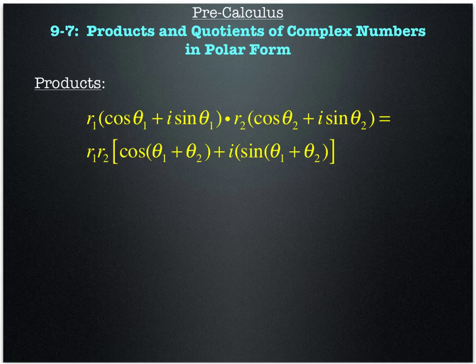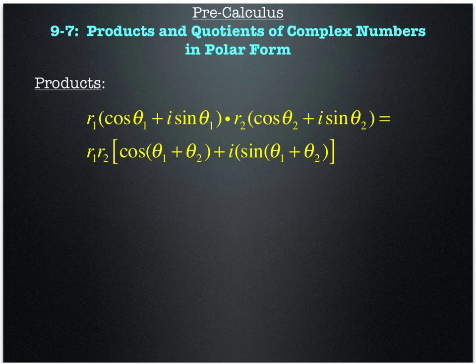Keep in mind, these are complex numbers, but we have written them now in what we call trigonometric form, or sometimes complex polar form. So we have our r value, and we have our theta, so it's in polar form, but we have cosine plus i sine.